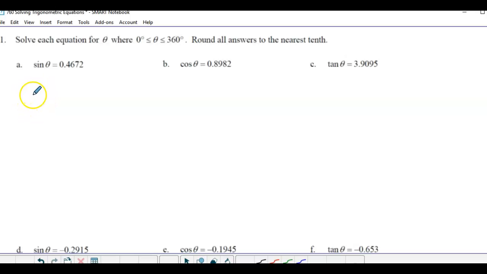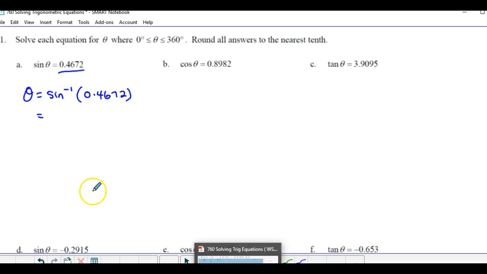So here, in your calculator, this is positive. So I'm just going to go, right, this is what you're going to enter. Because it's positive, so sine, you can show it as sine of the reference angle equals 0.4672.